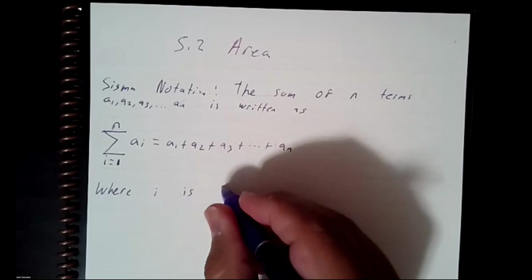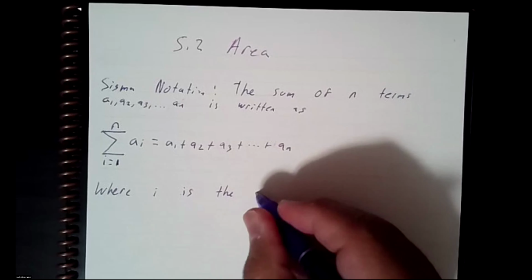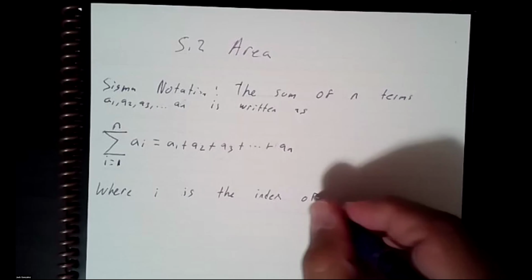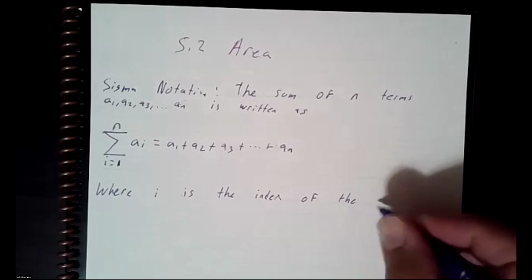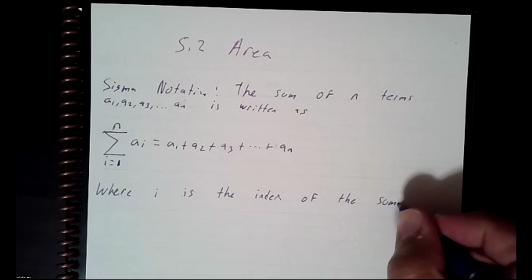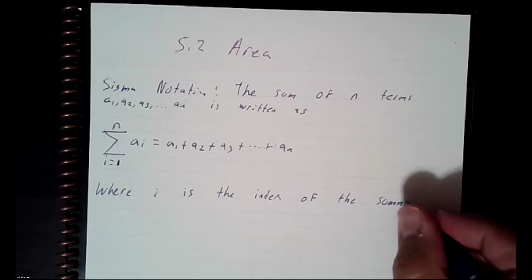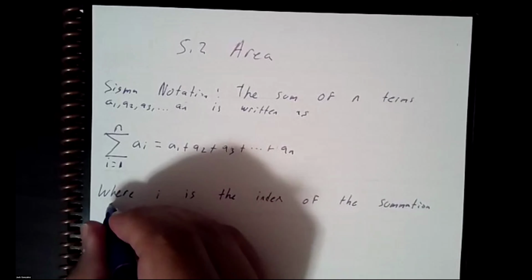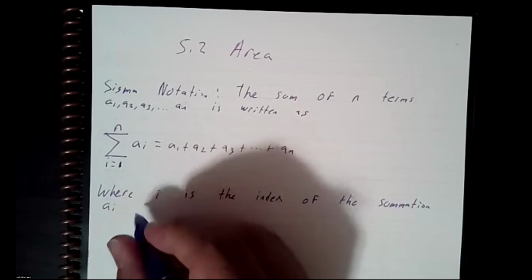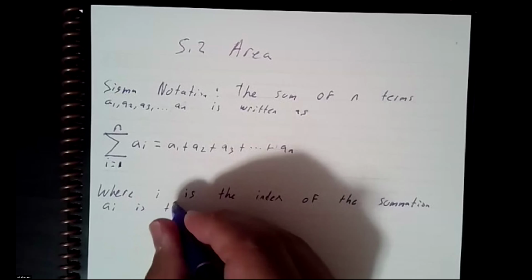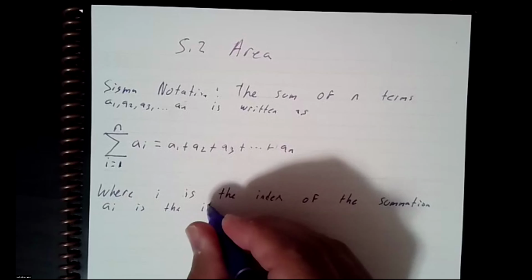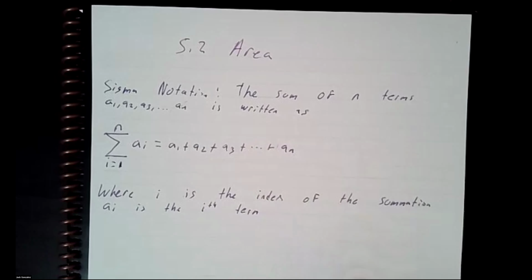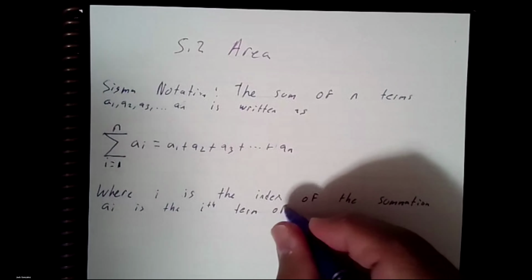Where i is the index of the summation. A sub i is the ith term of the sum.